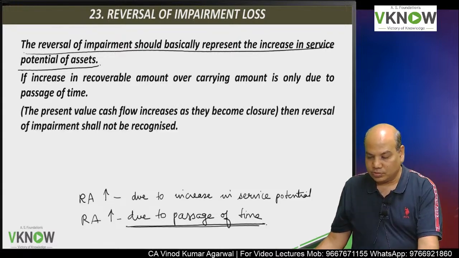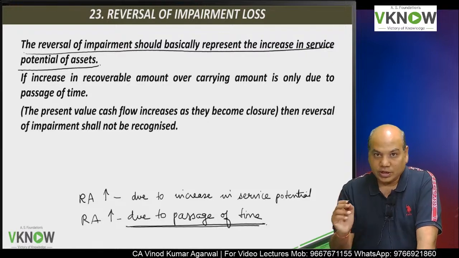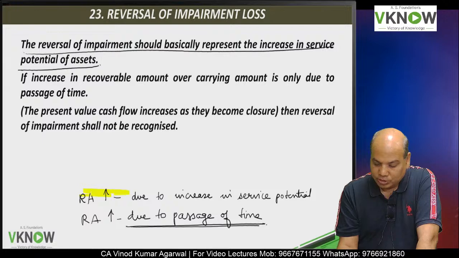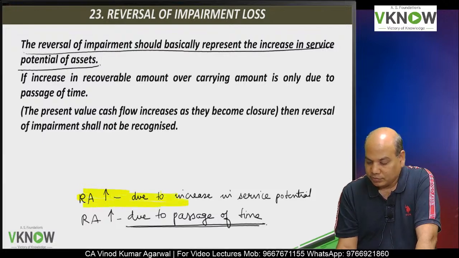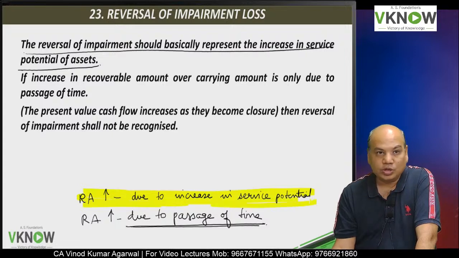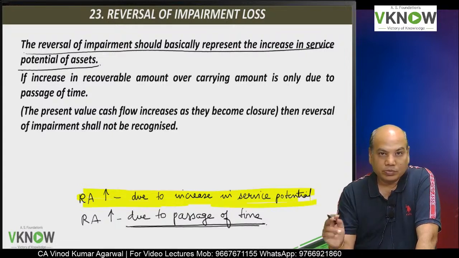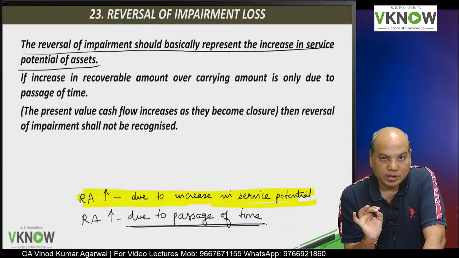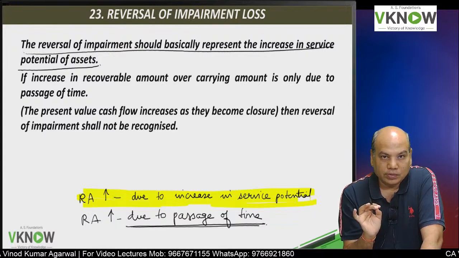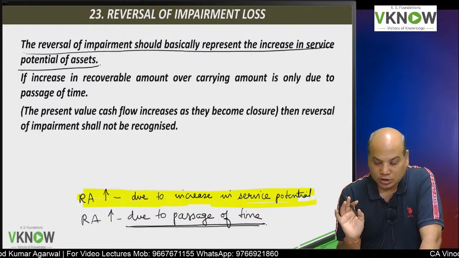How is that possible? So the standard says, now pay attention, many teachers will not explain this, many books will not explain this. If increase in recoverable amount is due to increase in service potential, then we'll reverse the impairment loss, subject to condition.